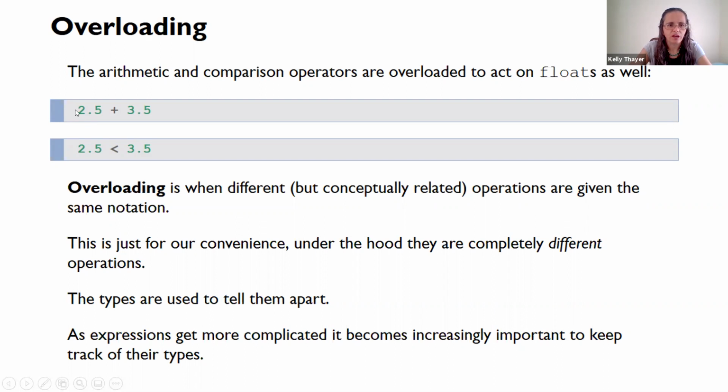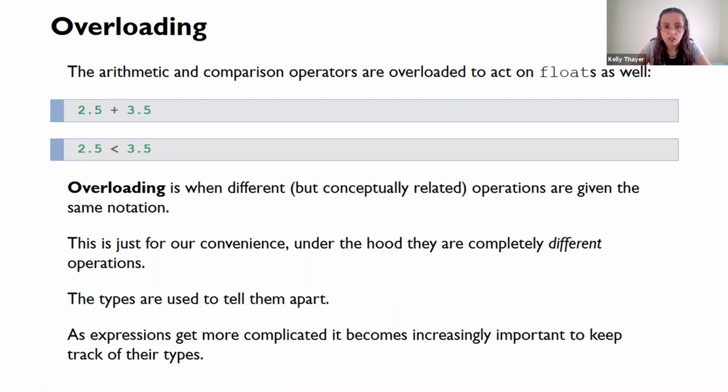So 2.5 plus 3.5, 2.5 is less than 3.5, right? So these are some of the arithmetic operators. Overloading is when different but conceptually related operations are given the same notation. So we're talking about the actual operator here. The symbol is going to be the same, but the actual code that's executed will be different.